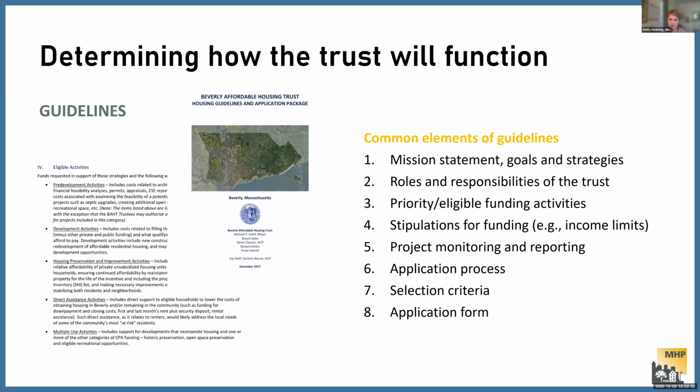criteria. So it could be a document where your mission statement, goals, and strategies live, where you might have a few sentences about the roles and responsibilities of the trust, particularly in relation to other housing boards you might have. It can outline priority and eligible funding activities, any stipulations you have for funding. So the area median income that you're targeting, for example.